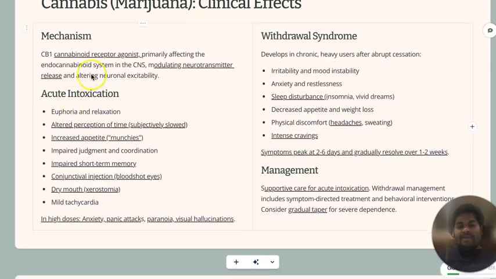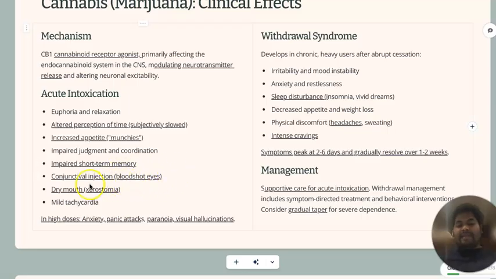So acute intoxication of cannabis leads to euphoria, relaxation, altered perception of time. So here the person feels time to be subjectively slowed. I mean, the time is passing by slowly. That's what he or she feels. Increased appetite, impaired judgment and coordination, impairment of short-term memory, conjunctival injection, bloodshot eyes, the eyes will be red.